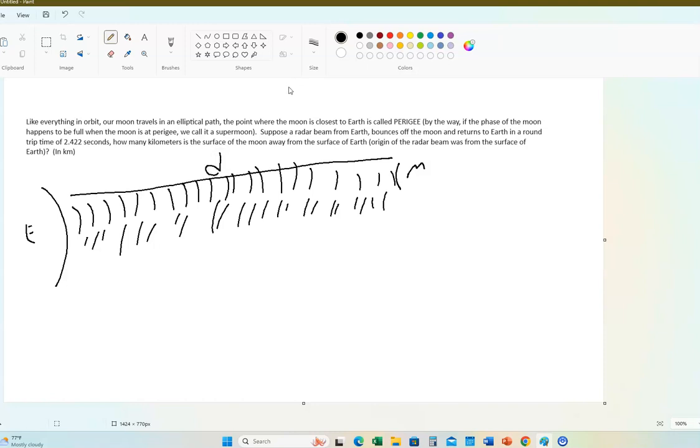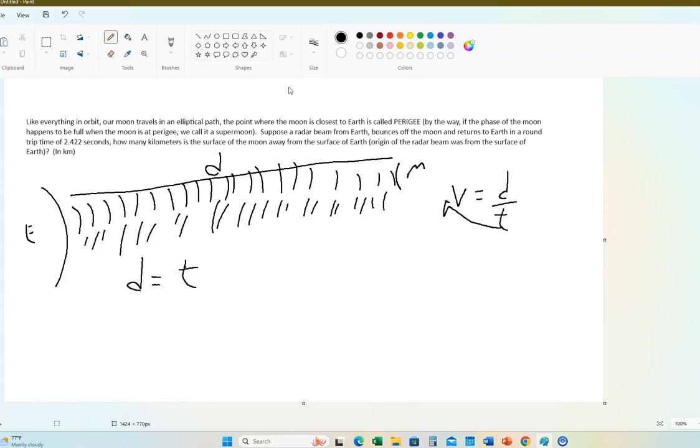All of it comes from this: the velocity is distance divided by time. But we're not interested in the round trip time. So we rearrange this equation, putting the time on the other side, and the distance is equal to the velocity times the time.